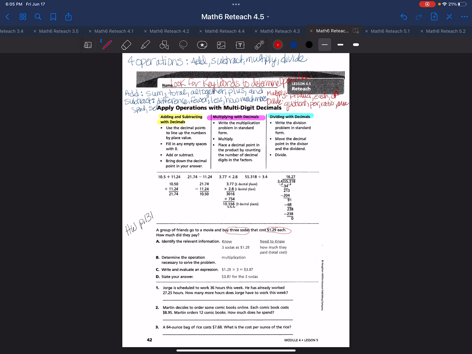So this is a multiplication problem, this first one. We are going to multiply. And one of the key words in this problem here is each. And that was again in my word bank here.